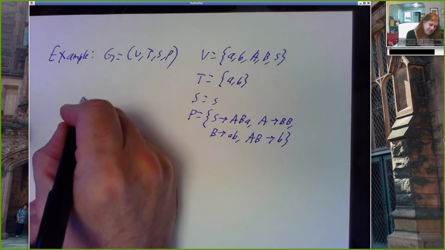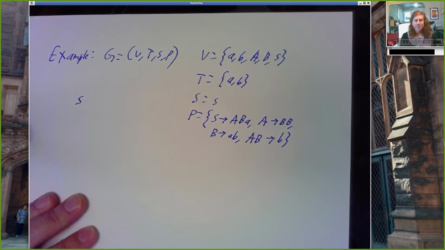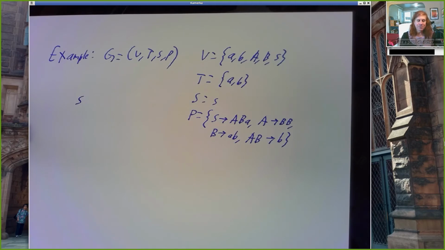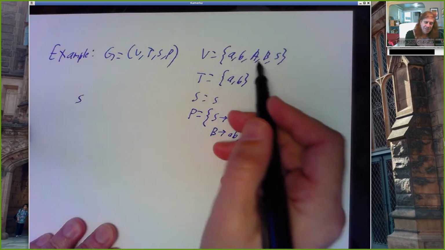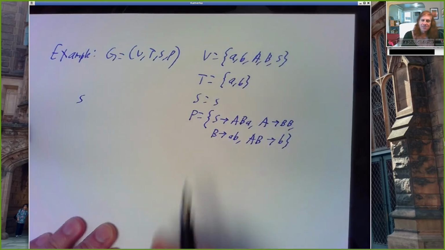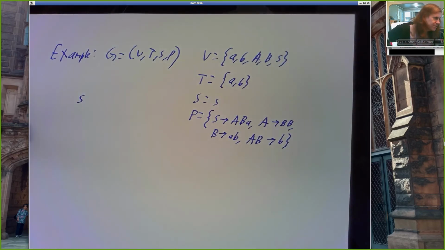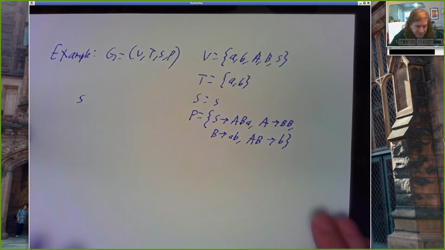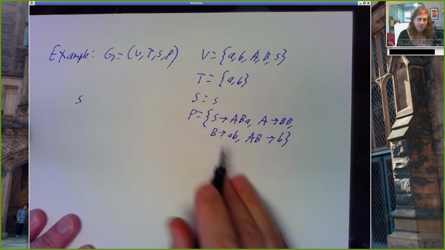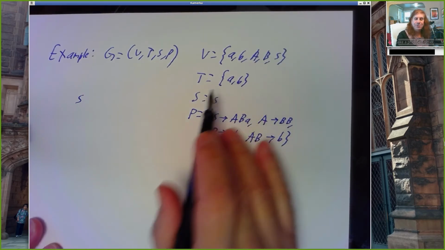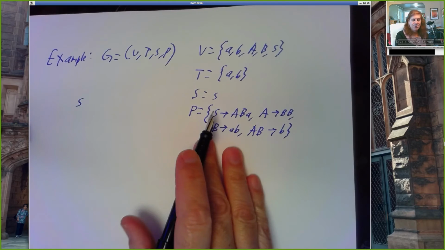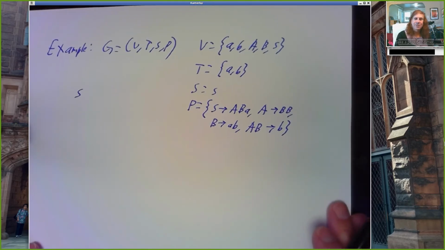This is certainly a word over our grammar, but we're mostly interested in words comprised of terminal symbols. Things like big A, big B, and S are intermediate temporary variables. So we start with the start symbol and apply production rules to try to come up with strings comprised only of terminal symbols. Those will be the words over our grammar.